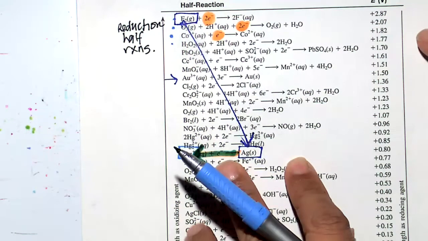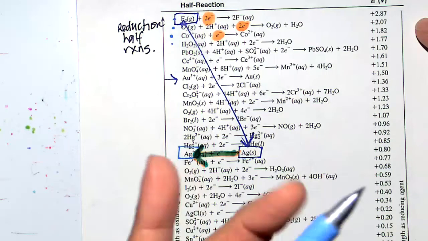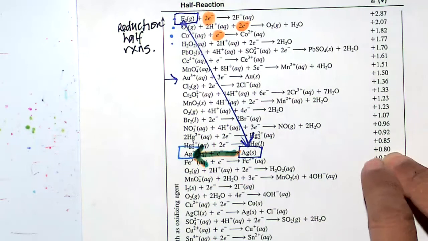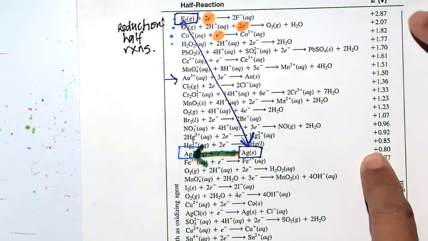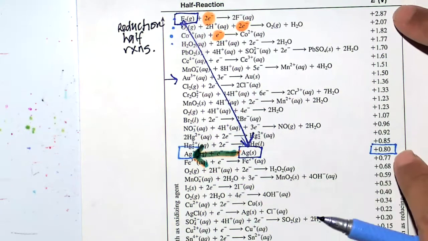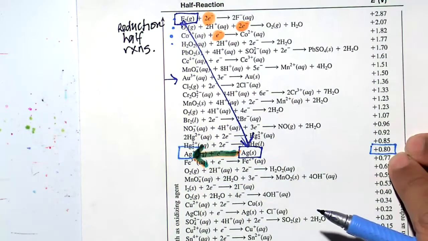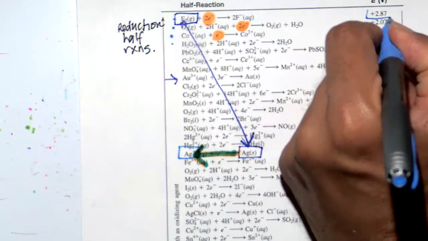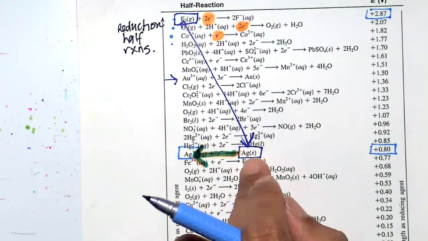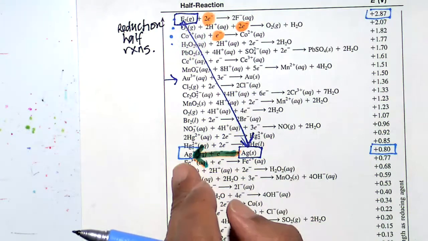If you flip this, Ag solid gets flipped to Ag plus e minus. You flip the sign. What's 2.87 minus 0.80? It's still positive. So F2 can cause the oxidation of Ag solid to Ag plus.